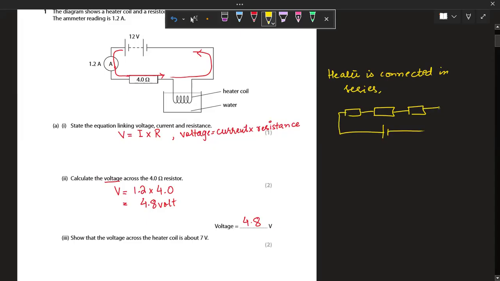If I have 12 volt here, if I have 3 volt drop at this resistor, and at this resistor I have 7 volt, what will be the voltage drop at R3? You subtract the sum of all these voltages, so 12 minus 10, you get 2. So 2 volt, whatever the remaining voltage is, will be dropped at the R3 resistor.